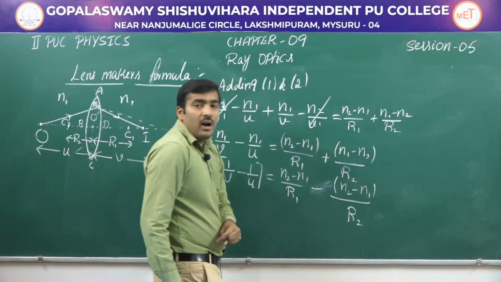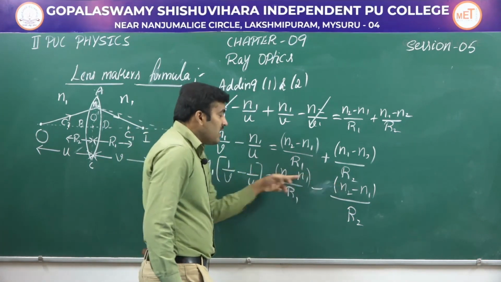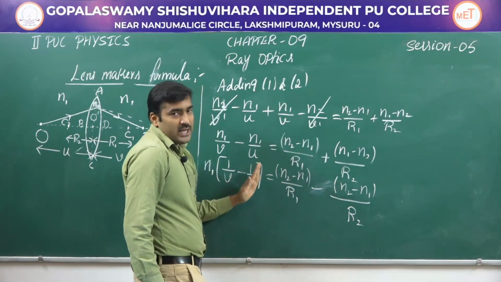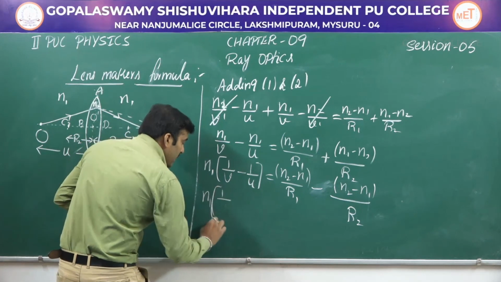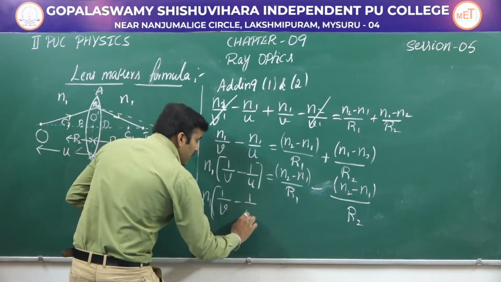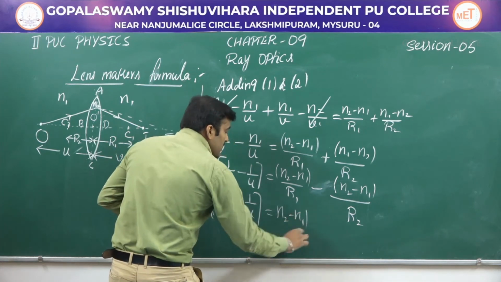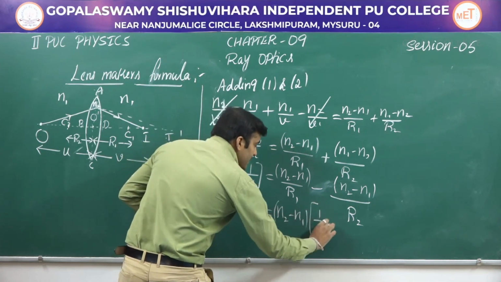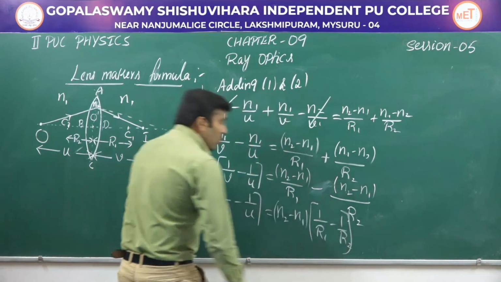So we get N2 minus N1 by R2 now. Now you can take these two terms common outside. Therefore, N1 into 1 by V minus 1 by U is equal to N2 minus N1 taken outside, and what remains is 1 by R1 minus 1 by R2.